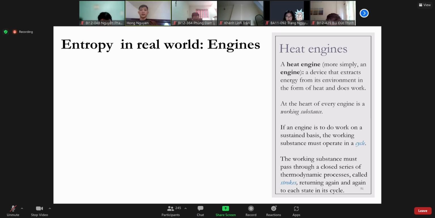For example, we have 2-stroke engines, 4-stroke engines. You should have heard about it. The working substance will change states from one stroke to another and then return to the initial stroke. So we finish one cycle, right?